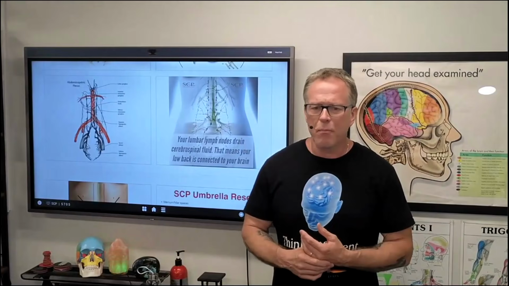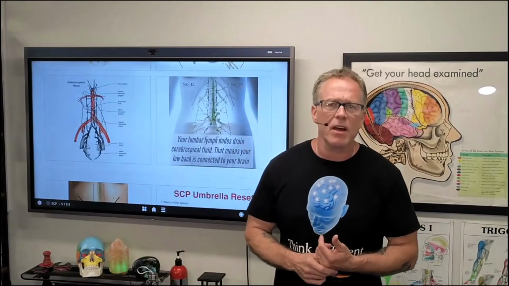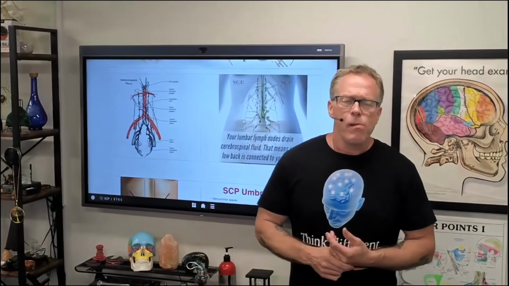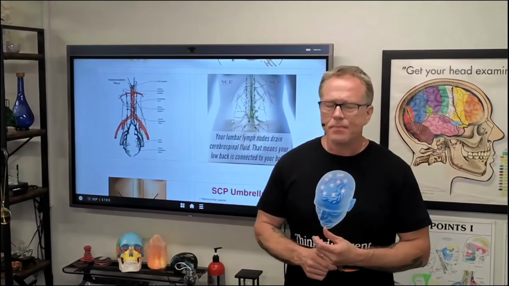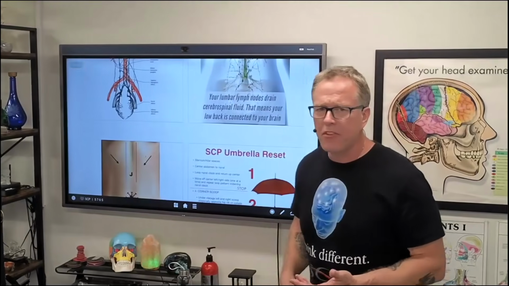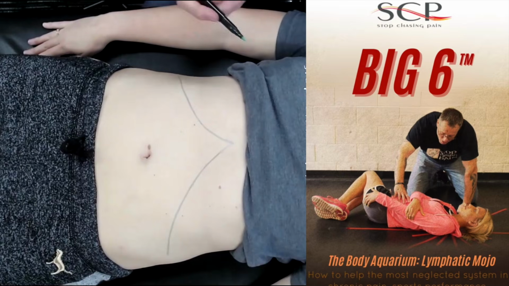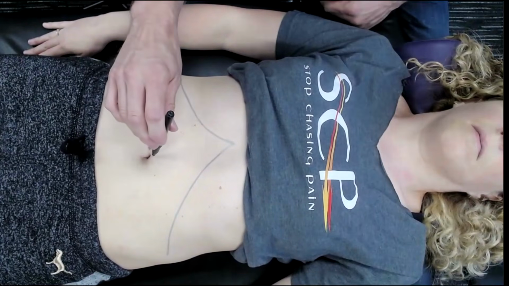In the world of people who have like Parkinson's and MS and Alzheimer's, they usually have a gut problem long before they have a brain problem. They even tell you Parkinson's starts in the gut. Straight in the middle, you have your lymphatic trunk.